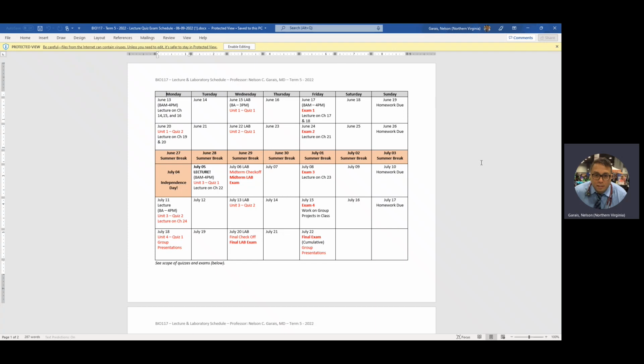So, Professor, as we look at the schedule, we see that we have a midterm on Wednesday. Is that the midterm or the midterm for lab? The lab midterm checkoff and midterm lab exam is for lab people. So when would our midterm be for lecture? Well, we have exams.